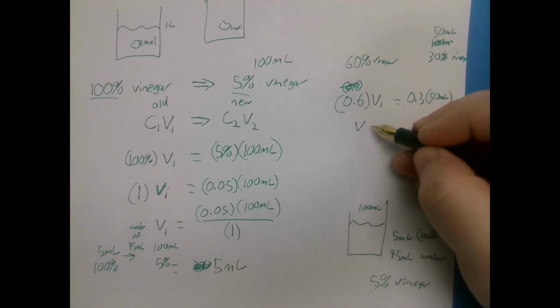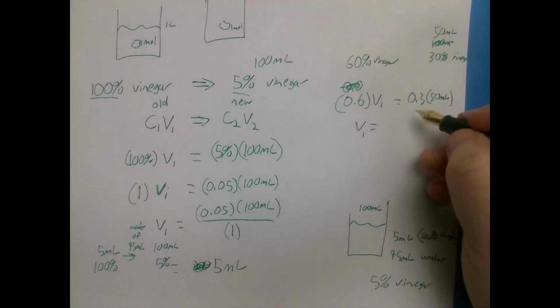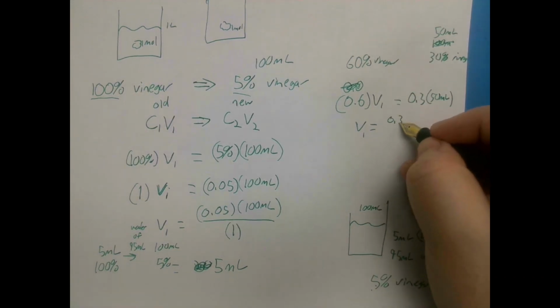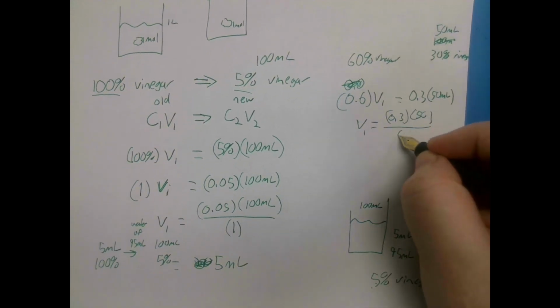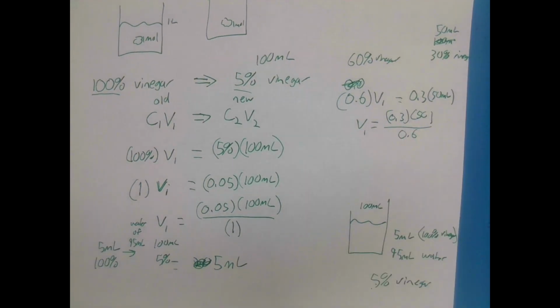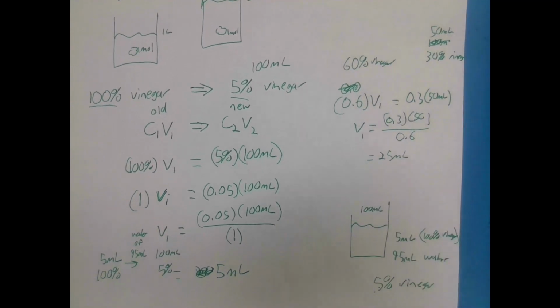So the volume of concentrated vinegar you should use is 0.3 times 50 divided by 0.6, which I believe is a half. So it should be 25 milliliters.